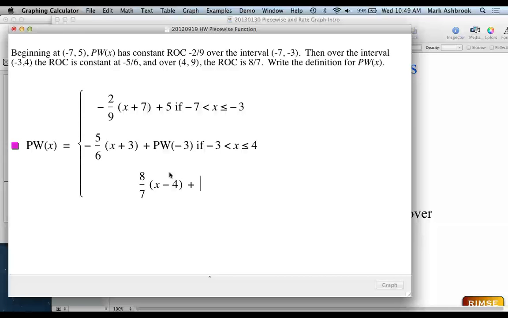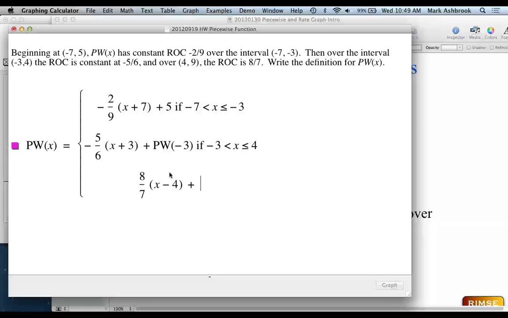Yeah. So here in this region, this is the value of x. We start with the change in x, right? What's the change in x from 4 to x? This is building our linear function again. Change in x would be x minus 4, so that's the change in x for this particular interval.